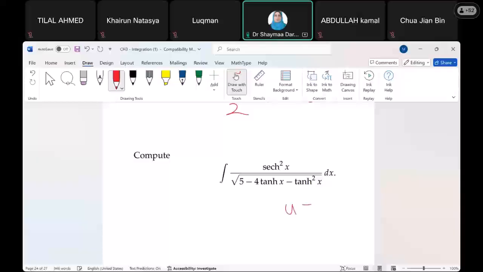I will take u equal to tanh x first. Then du will be sec square x dx.